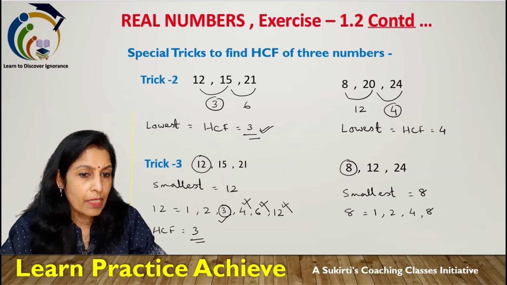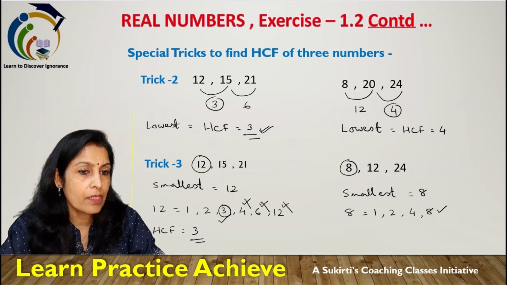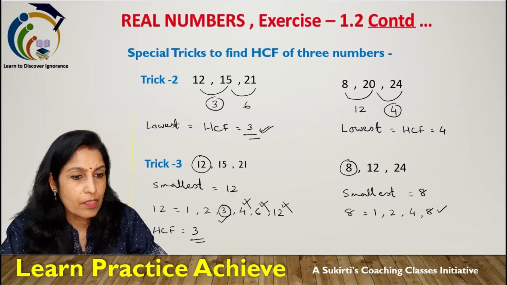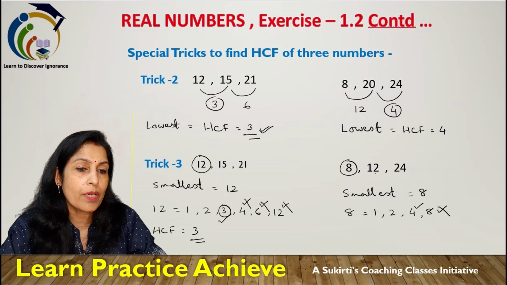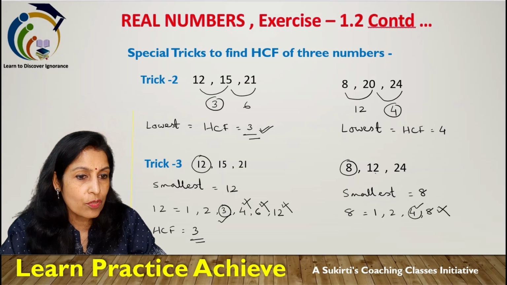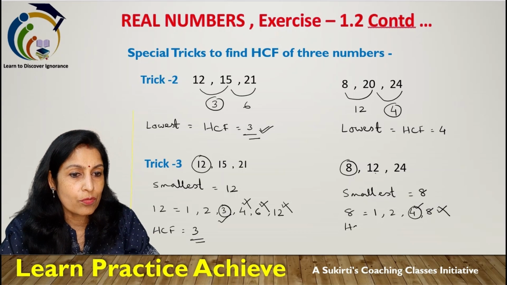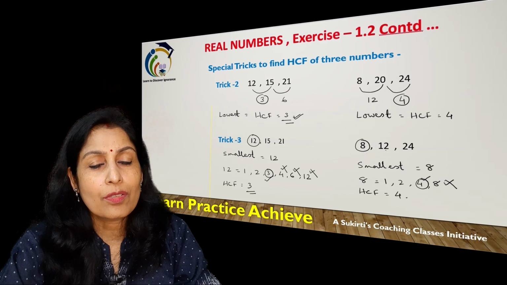So if you start with the highest number, if you take 8, 8 will divide 8 but not 12, though it will divide 24. So we can't take 8. If we take 4, 4 will divide 8, it will divide 12 and also divide 24. So 4 is your right answer. So here HCF is equal to 4. Is it not so easy?